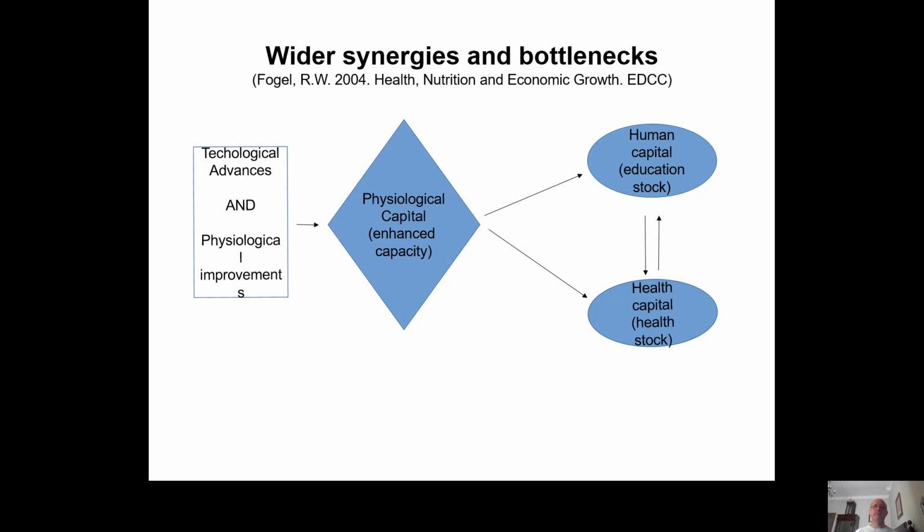It's deeply related to a number of factors which have to do with technology, but also with physiological improvement of human beings, depending on the conditions we live in. That interacts with health quite significantly.